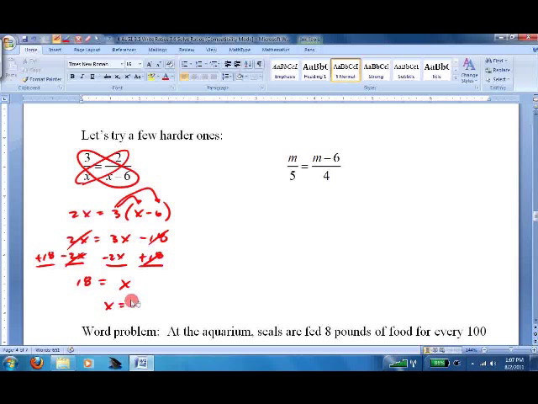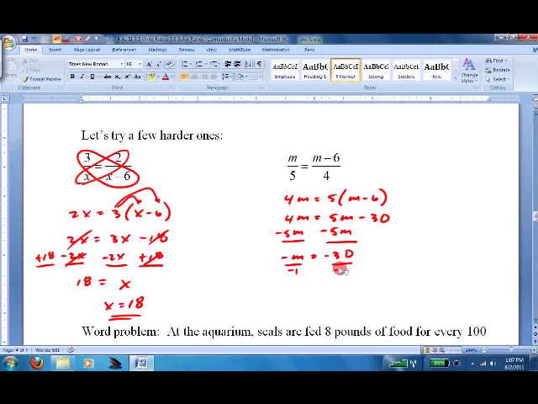You can check if you want. Again, I'm not going to do the circling. 4m equals 5 times m minus 6. 4m equals 5m minus 30. This time I'm going to move them the other way. Negative m equals negative 30. Divide by negative 1. And we get m equals 30.